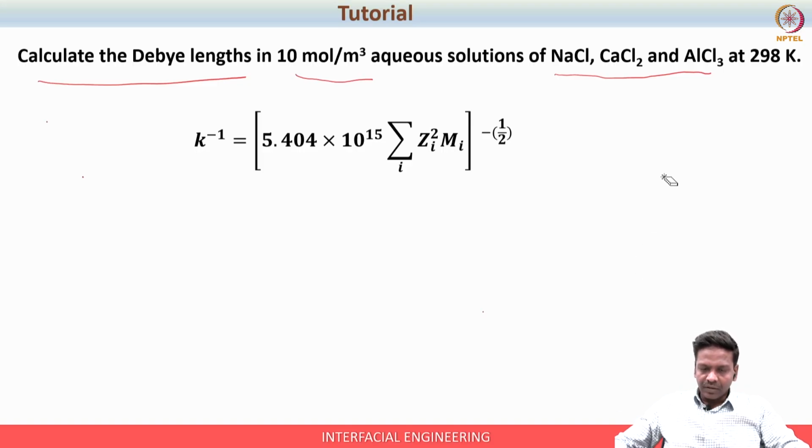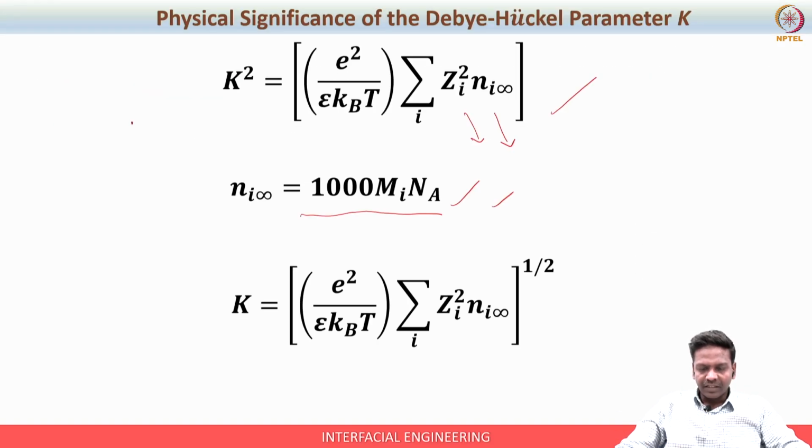Remember, in this problem, if I incorporate this Ni infinity over here, I will have Mi instead of Ni infinity, and Na multiplied by 1000 will be outside this summation. So all this will be a constant. Except for Zi and Mi, the rest of the terms will be constant.